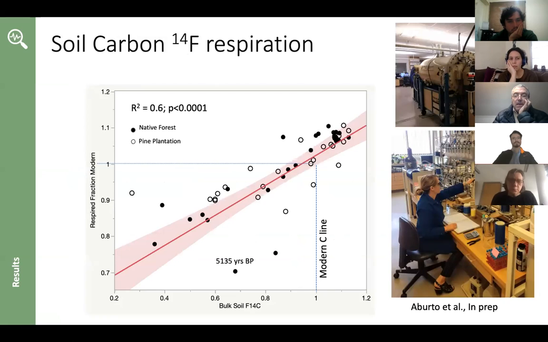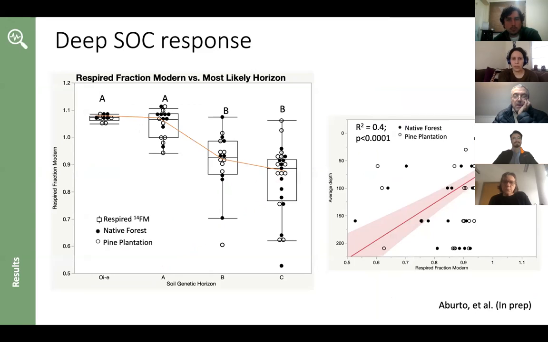When we compare the bulk soil fraction modern to the respired fraction modern, we see that the respired CO2 generally has higher fraction modern signatures than what we get in the bulk soil carbon compartment. We also see a trend, as Sue mentioned earlier, that as you move down in the soil profile, you see a decrease in fraction modern.